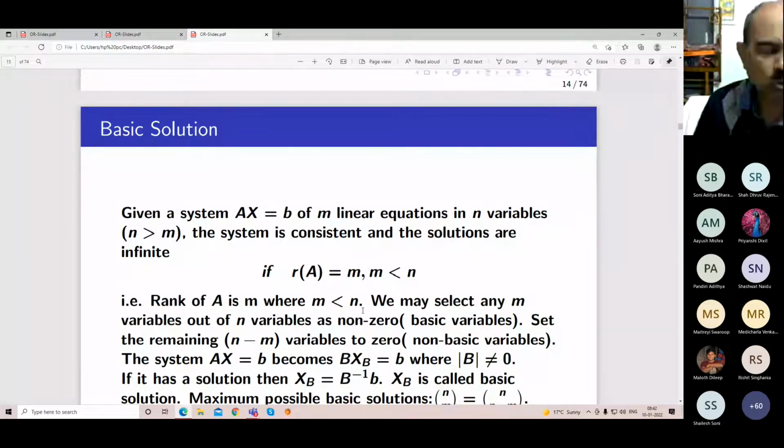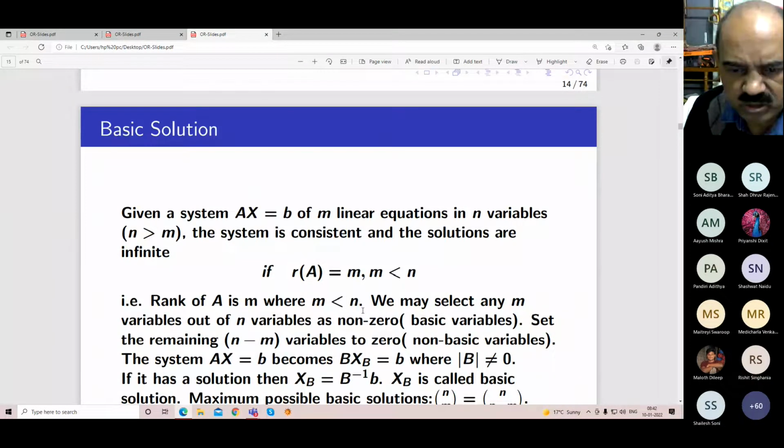And we are looking for the basic solution. We have to define what a basic solution is. Say there are n variables, and the rank equals m.